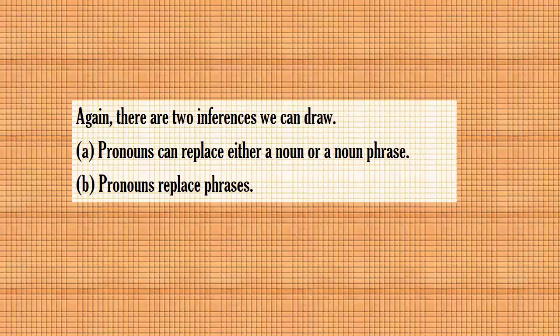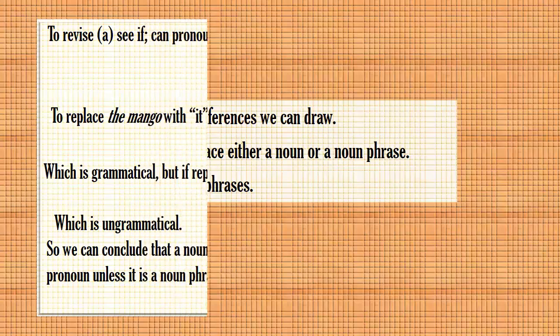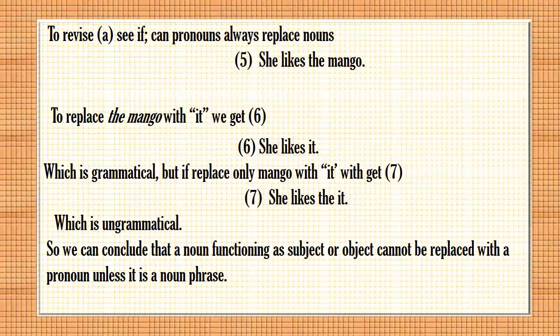To see if pronouns can always replace a single word's subject or object, look at sentence 5. She likes the mango. To replace the mango with it, we get she likes it, and it is grammatical.